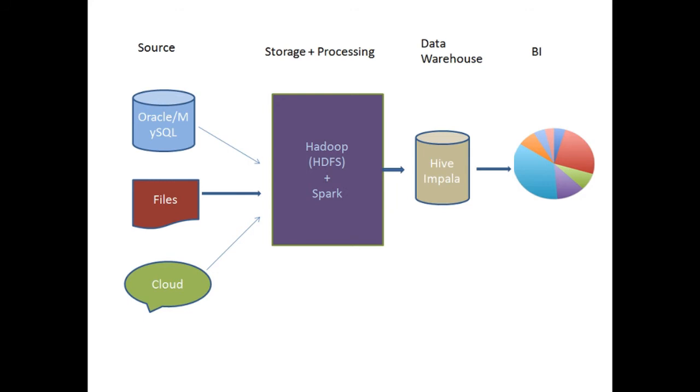You can consider the cloud as a source also, because in the cloud, in S3, we store the data, right? S3 we can also read. We have APIs in Spark to read S3. If you are using Azure Blob Storage, that blob storage can also be used as storage, and GCP Google Storage. So all of this will be considered a source.